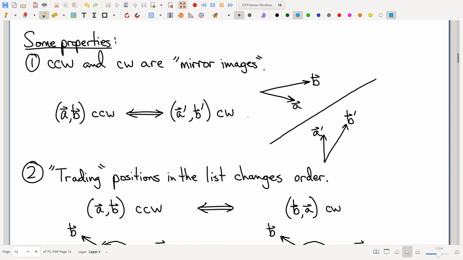Okay, now, who cares? Well, just to try to pique your interest, there are some pretty natural properties to these ideas. For one thing, they're mirror images of each other, right?